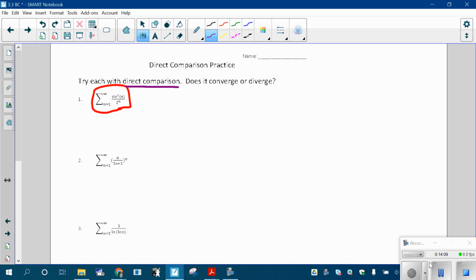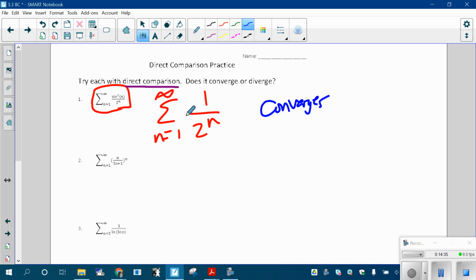What my mind immediately goes to is, well, sine goes between -1 and 1. It's over 2 to the n, so I'm going to think about 1 over 2 to the n. It's a similar series. I know that 1 over 2 to the n converges. It's a geometric series with r equal to 1/2. That totally converges. Now, the only way this series is going to be helpful, since it's pushing downwards, it converges, is if it's on top of this function.